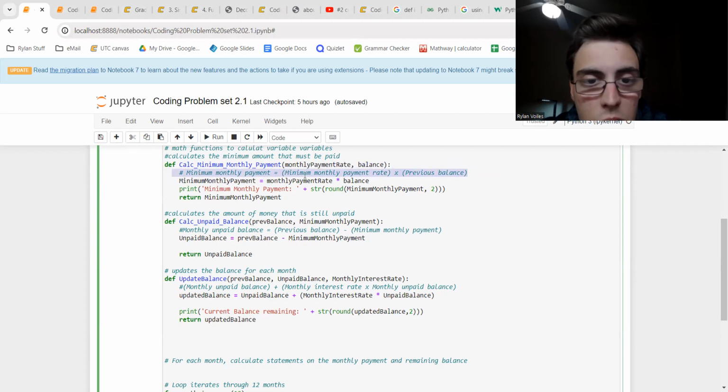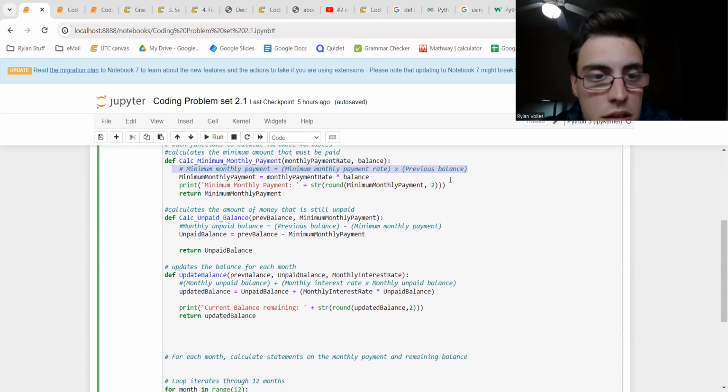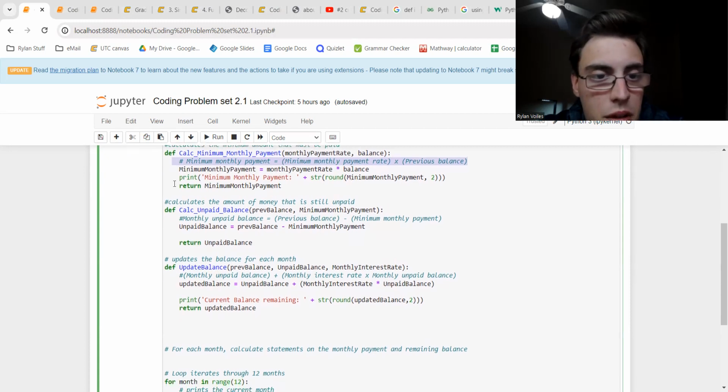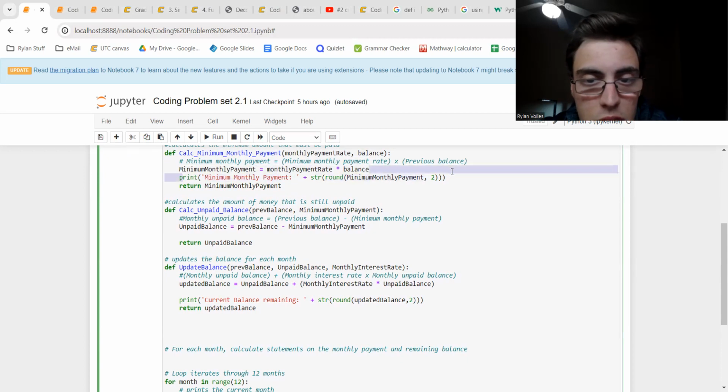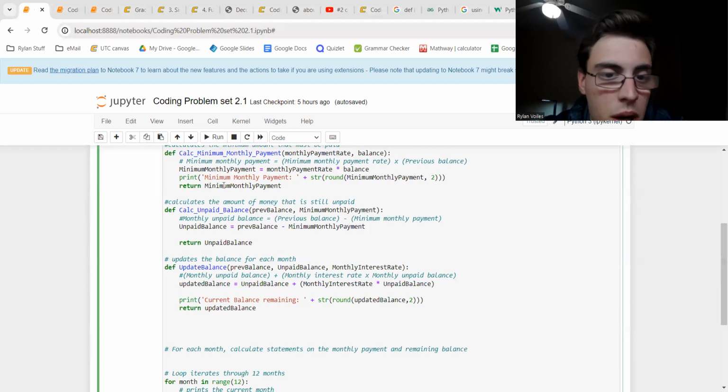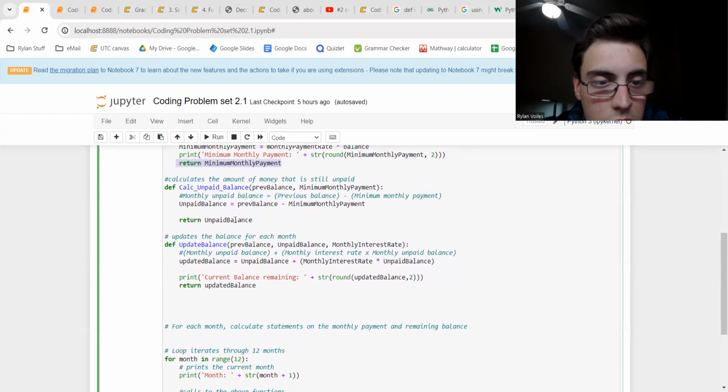Minimum monthly payment equals minimum monthly payment rate times previous balance. It will then print when it is called and it is running. It will then do this math, print its result rounded by 2 to get the proper decimal answer in money. It will also return the payment.